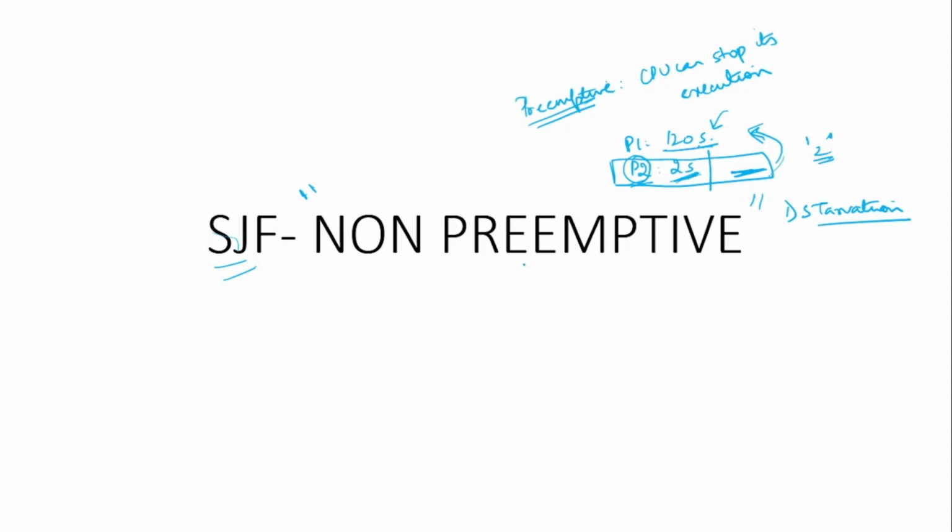Whereas under the non-preemptive version, you cannot halt the execution of P1. So P1 will execute for 120 seconds and no other process could come and halt its execution. In that case, the second process would suffer from the problem of starvation, meaning it is not getting the CPU for its execution. The CPU is completely busy with the execution of the first process only.